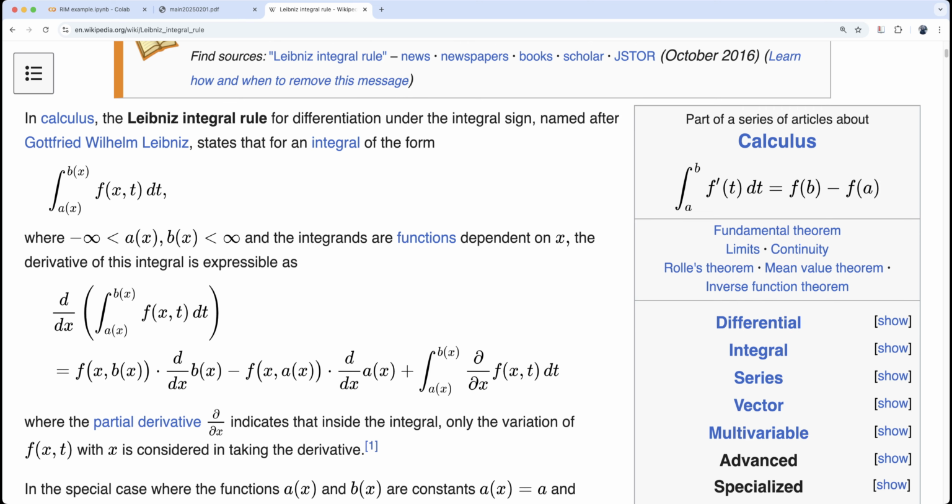If we want to take the derivative with respect to x, then the easy part first: we move the derivative inside, so we have this last part. Then we have to deal with the integral limits b and a. Increasing b increases the size of the area, right? So if we increase b, it increases the size, so we have a plus.